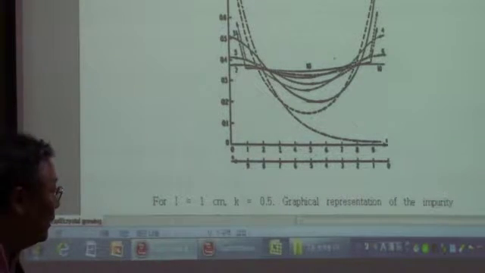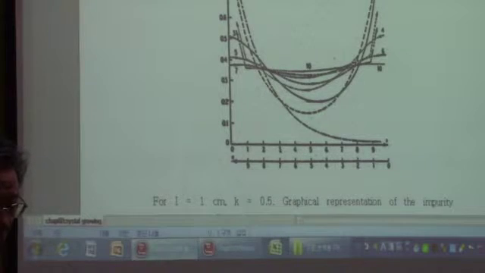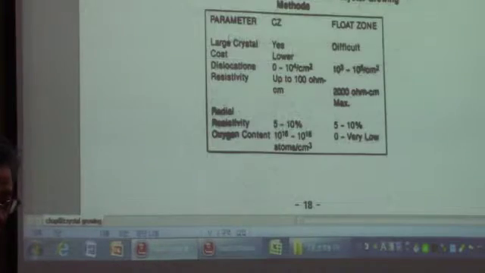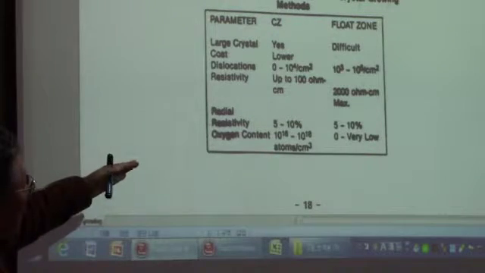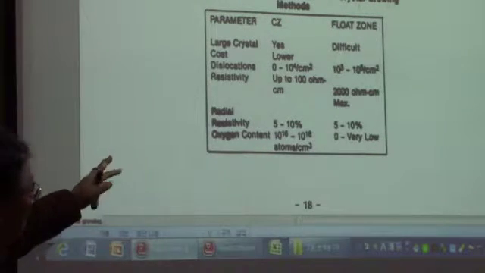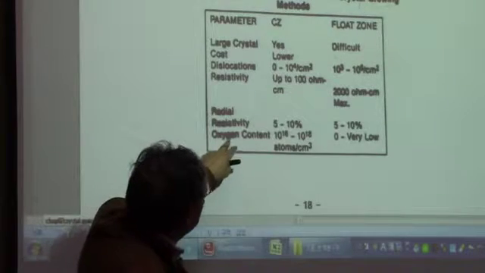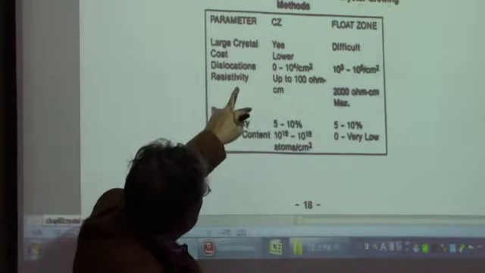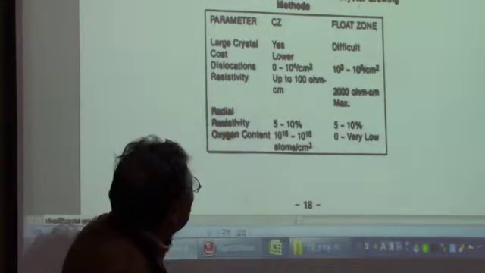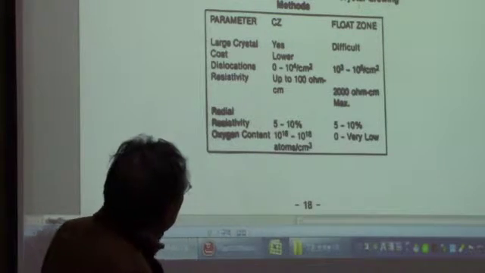Okay, that is the advantage. But the real advantage of the float zone technique can be seen from this comparison. This is a comparison of Czochralski and float zone crystal growing methods.